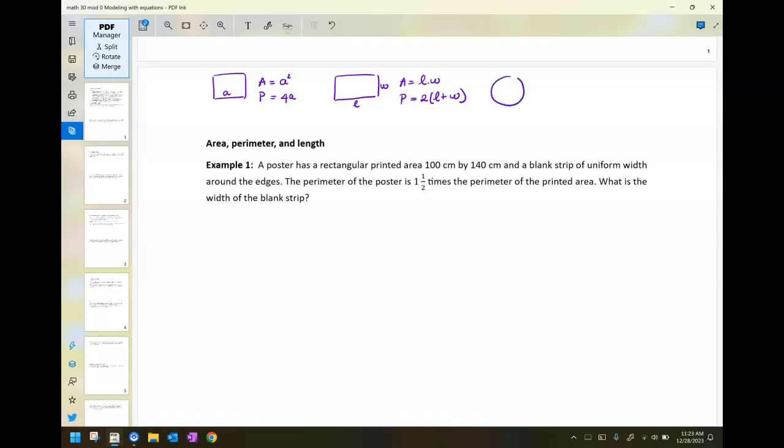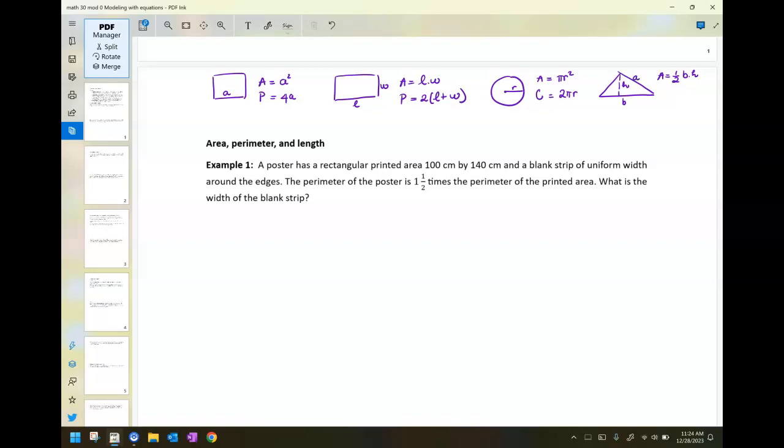If you have a circle with a radius r, then the area equals pi r squared. The circumference equals 2 pi r. If you have a triangle with a base and a height, then the area equals 1/2 base times height.